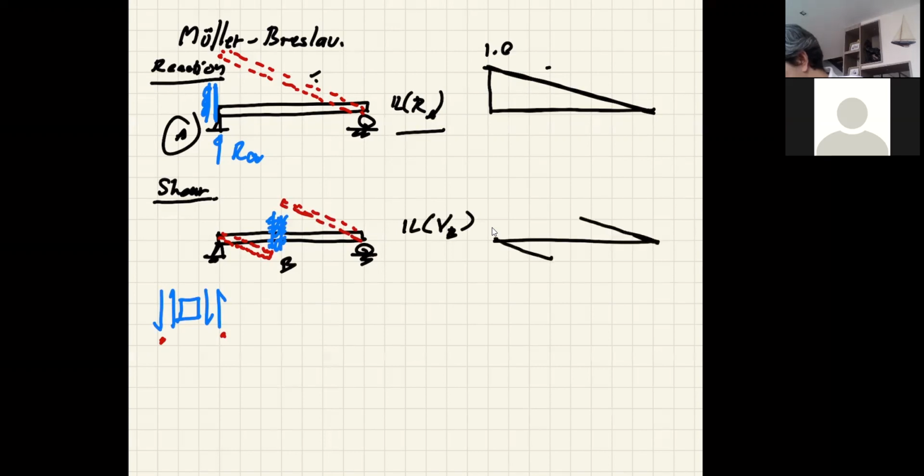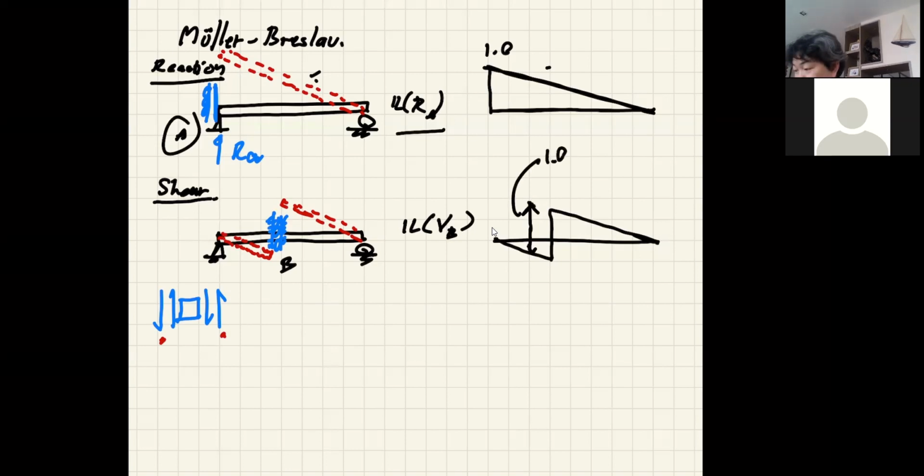The slope should be the same, and this is where the shear changes. So when you have the unit load here, the magnitude of this is equal to 1 as well.